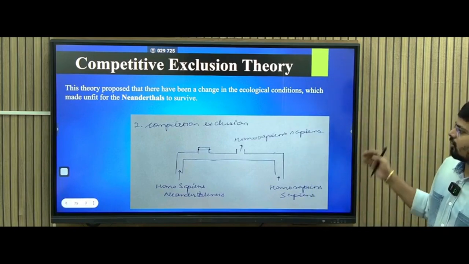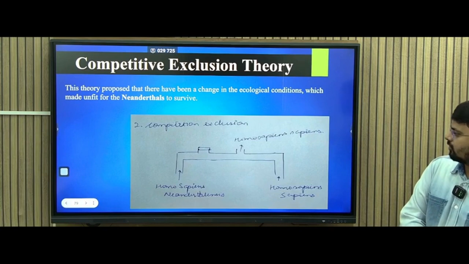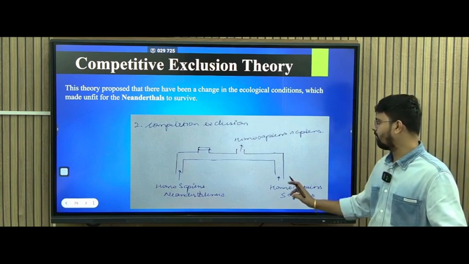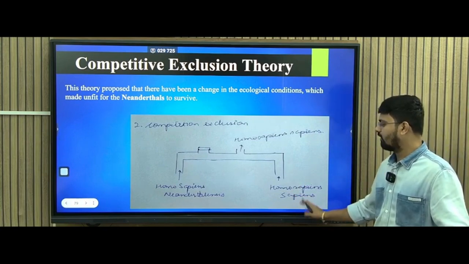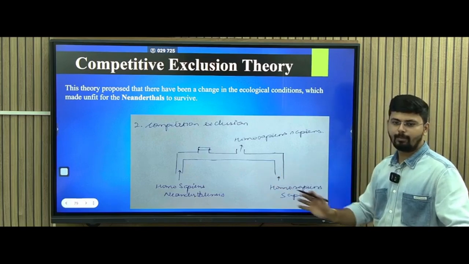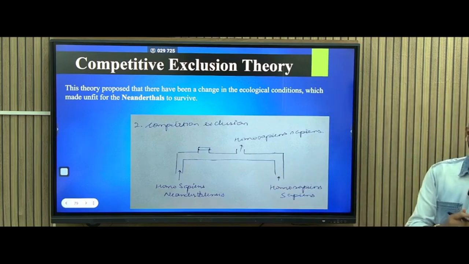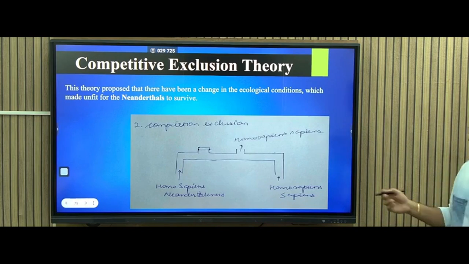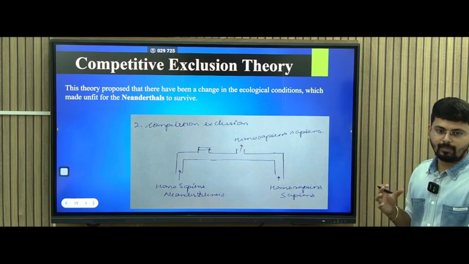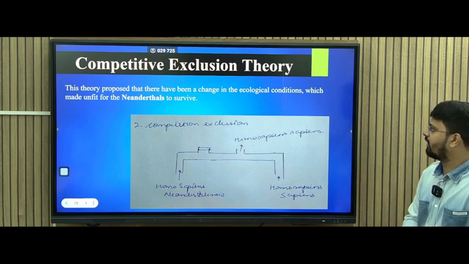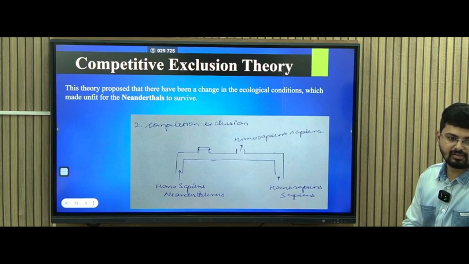And next is competitive exclusion theory. Now both have come, and they were competing in one area for the same resources. Gause's exclusion principle, if you are aware, which we have read in 1.4: now they're competing here in the same ecological conditions.